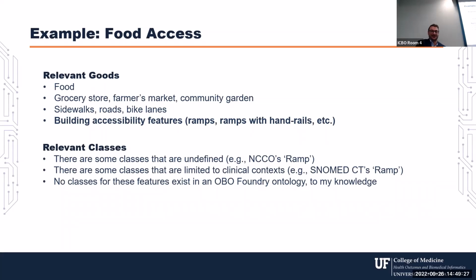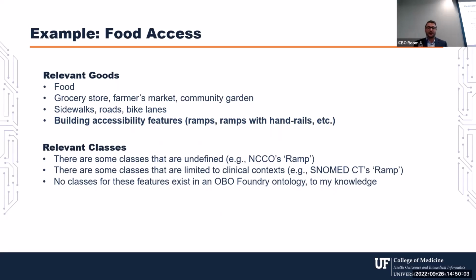And then lastly, there are building accessibility features like ramps with handrails, etc. And unfortunately, there is nothing in any ontology that I could find that really correlates with or represents any of these things. The closest I could find was the nursing care and coordination ontology's class, which they label ramp. That class is undefined. I'm not entirely sure if it's meant to be a ramp for a clinical context, similar to how SNOMED CT's ramp concept is specifically meant for a clinical context.